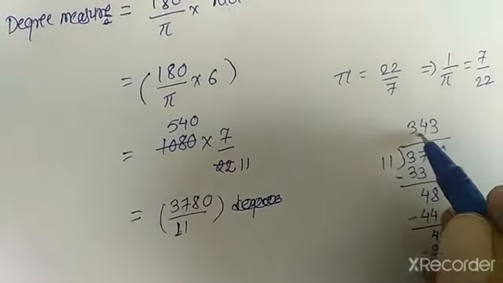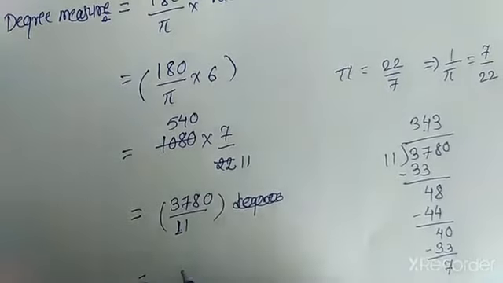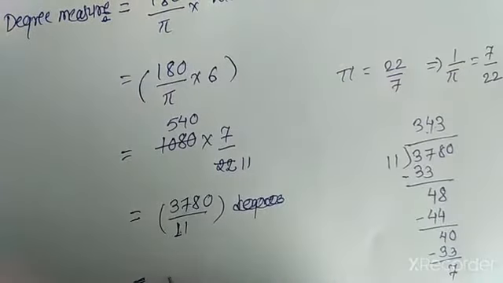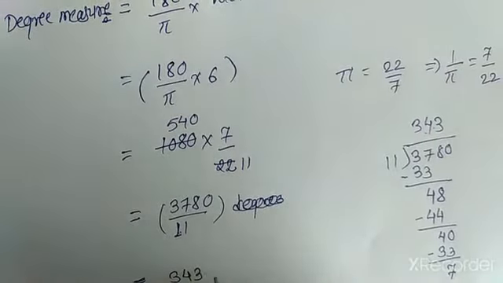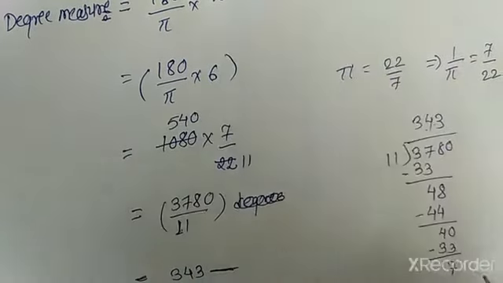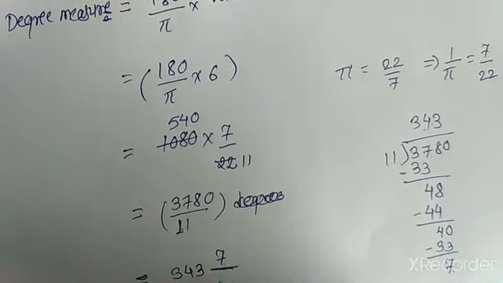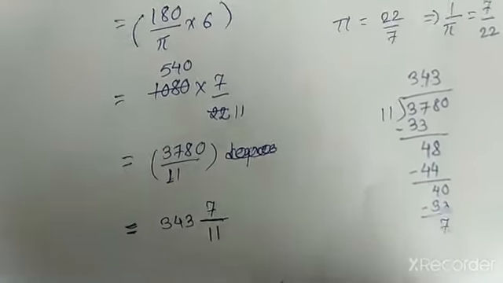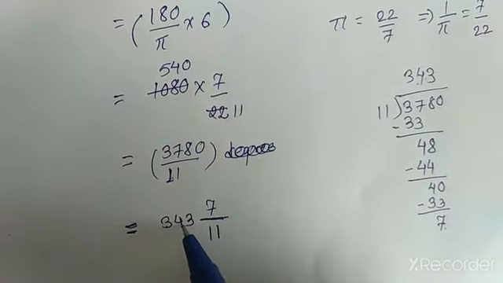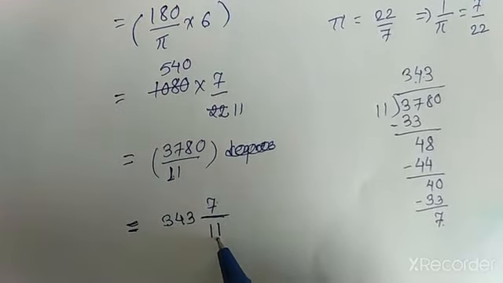So it can be written as 343 as a quotient, and the remainder is 7 upon 11. So this number 3780 can be written as 343 and 7 upon 11.